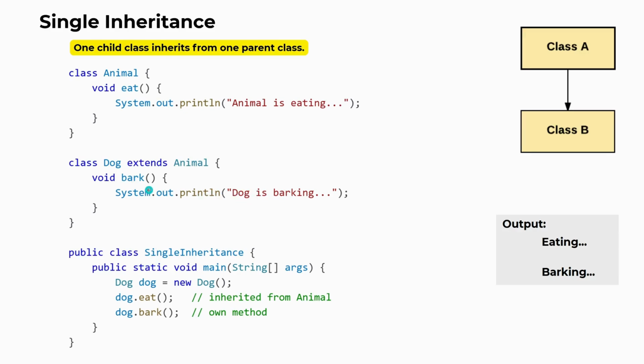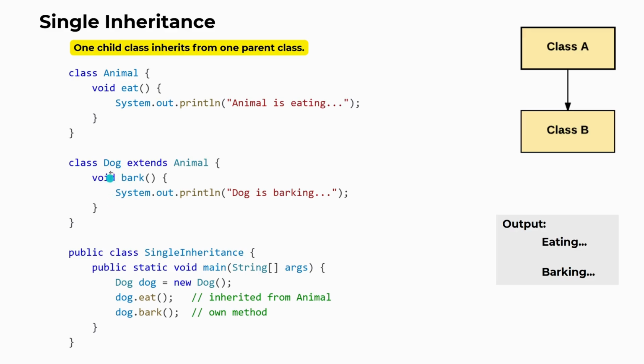If I create one object of this dog class, I can use this bark method. By just creating an object of this dog class, I can use this eat method also. The eat method is not defined here, but it is defined in the animal class. Because we are extending the animal class in the dog class, all the methods are accessible within this class also.